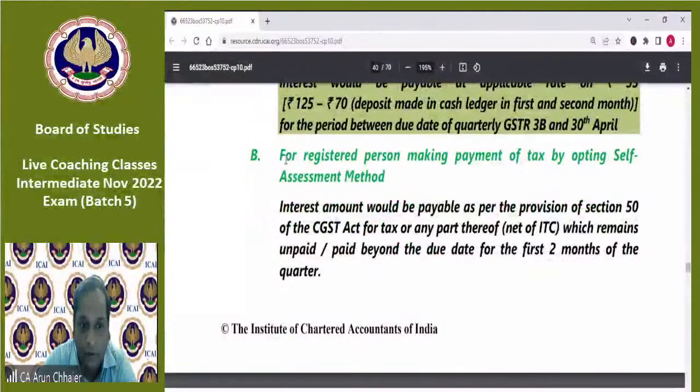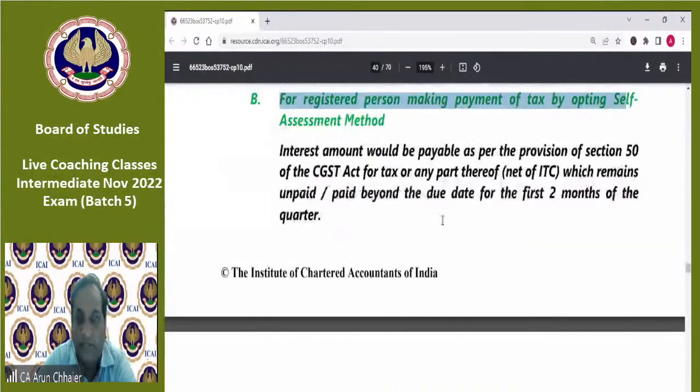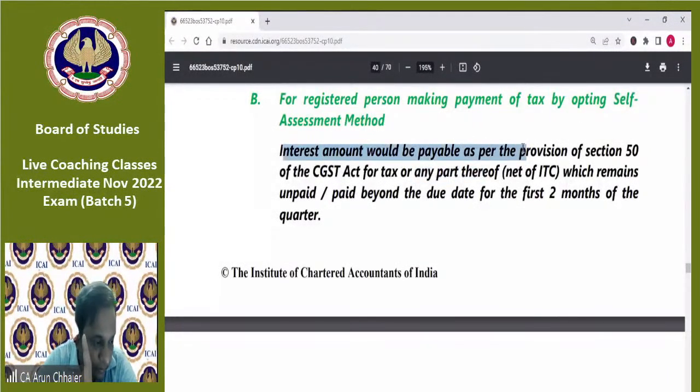For a registered person paying the tax by opting the self-assessment method, here you will calculate, and interest would be payable. Here you will pay the actual. Shivam, where are you talking about no concept of cash?